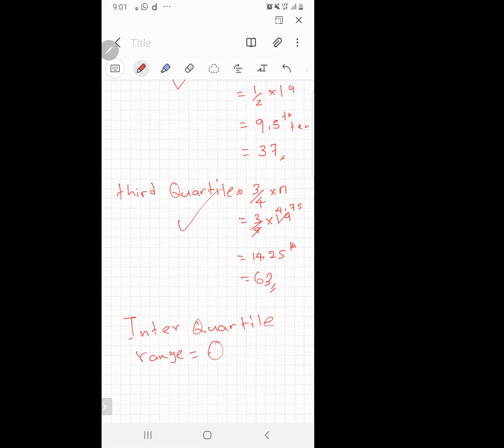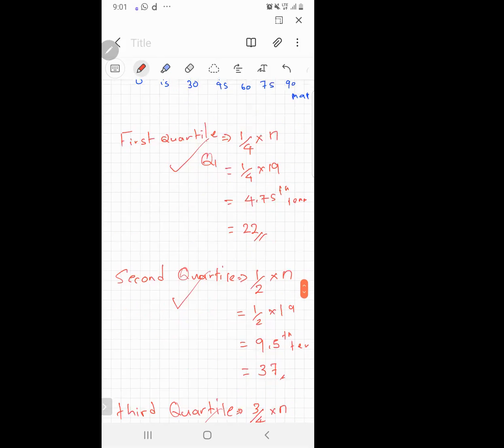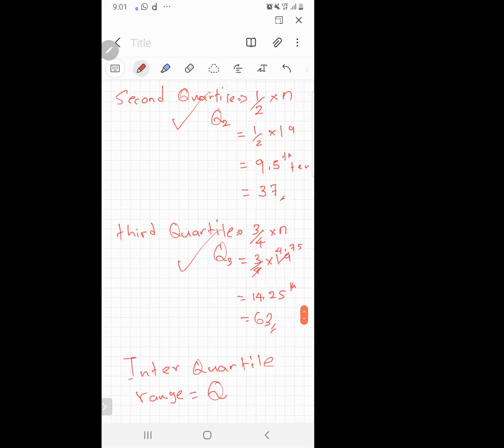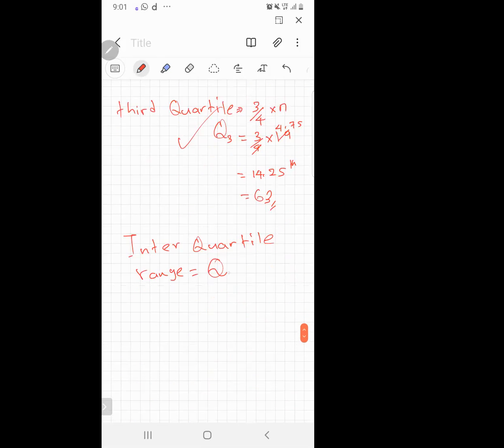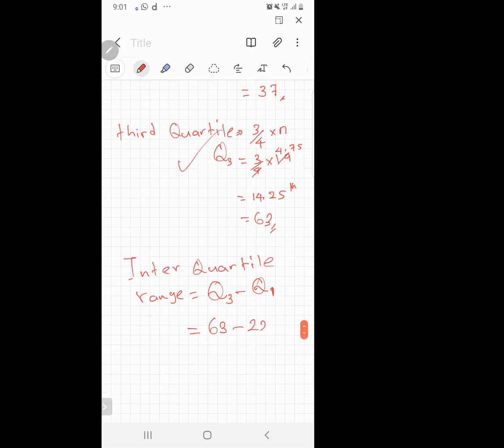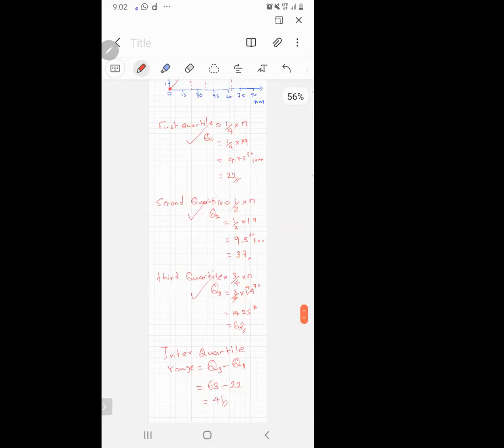First quartile we call Q1, second quartile Q2 and third quartile Q3, and interquartile range is Q3 minus Q1. So value of Q3 is 63 and value of Q1 is 22, then interquartile range is 41. So இதை screenshot ஒன்று அடிச்சுக்கொள்ளுங்க. First quartile, second quartile, third quartile and interquartile range.